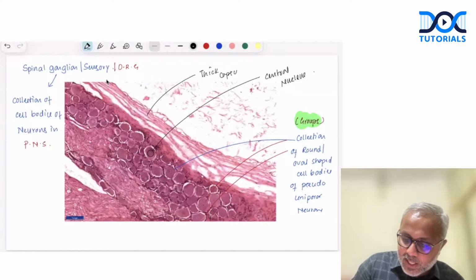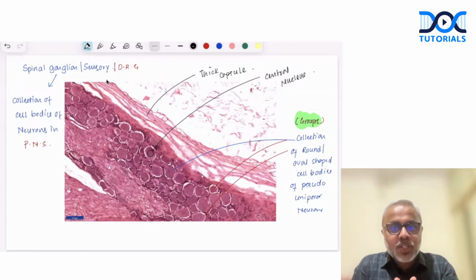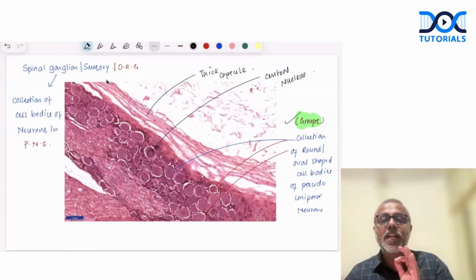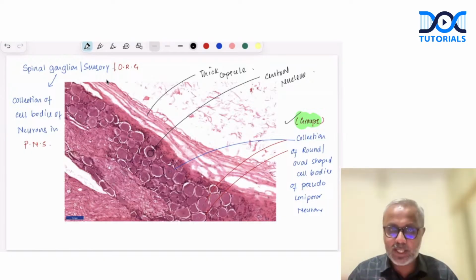So this is the thick connective tissue capsule surrounding the entire ganglion. So how do I identify the pseudounipolar neurons, or how do I identify the dorsal root ganglion? Remember, groups of round to oval shaped cell bodies found with a central nucleus. The entire tissue is covered by a thick connective tissue capsule.